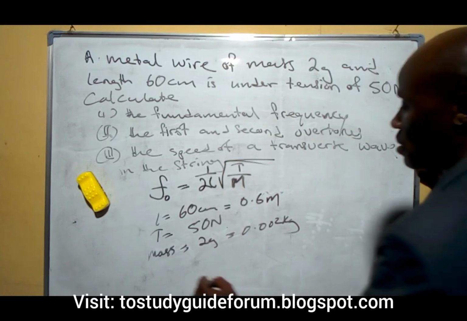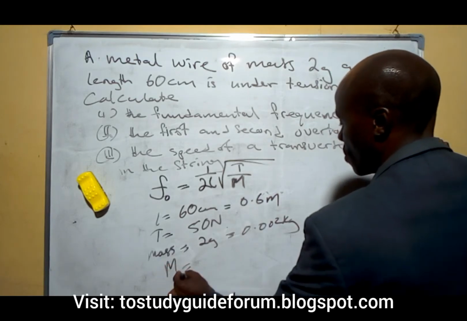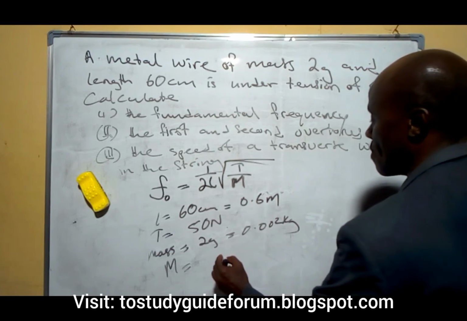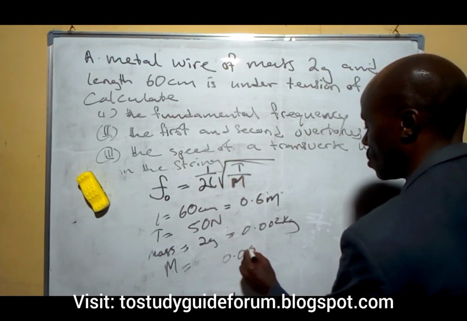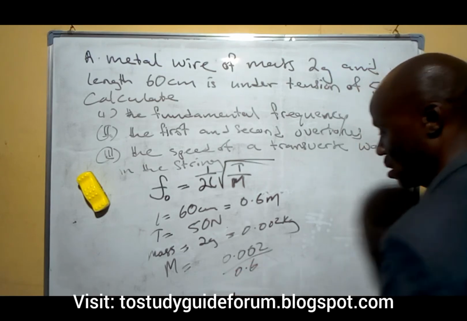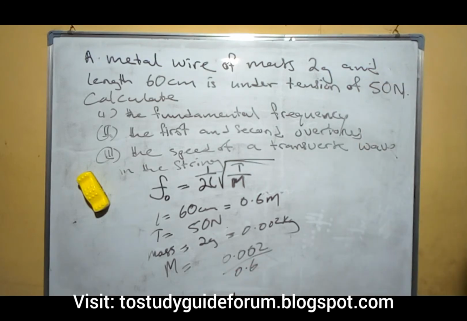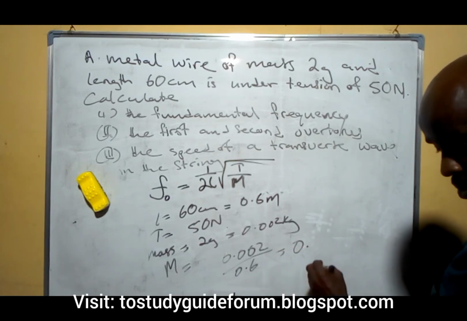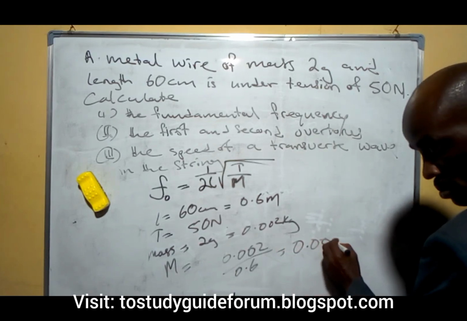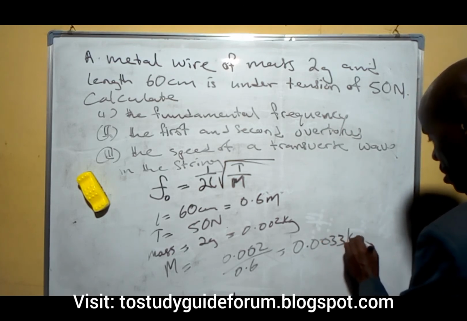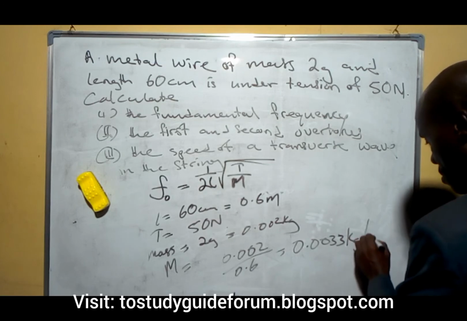And then the m will then be 0.002 kg over 0.6 meter. That will give us 0.0033 kg per meter.